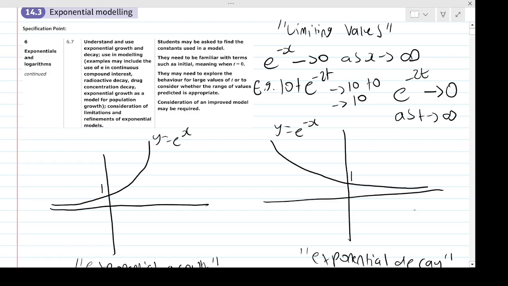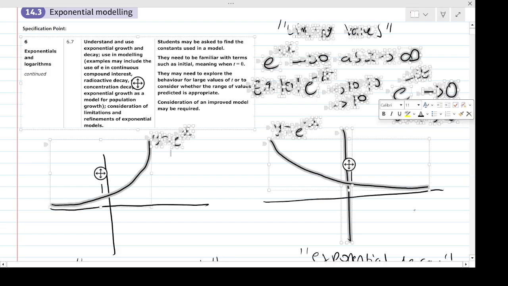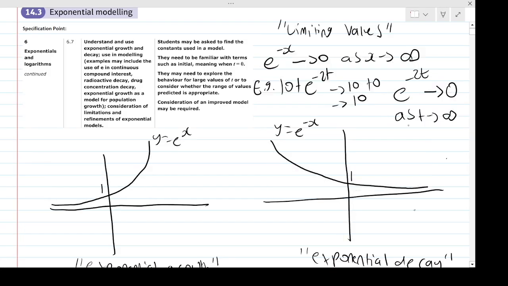I thought I'd go over that now, because you will often find a 1 marker or a 2 marker asking you to explain the long-term value or the limiting value of an expression like this. You can think of it as e to the negative infinity basically equals 0.